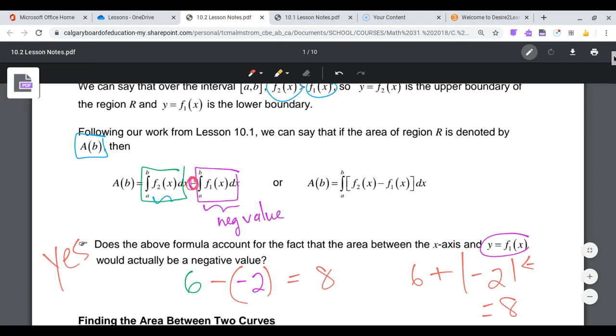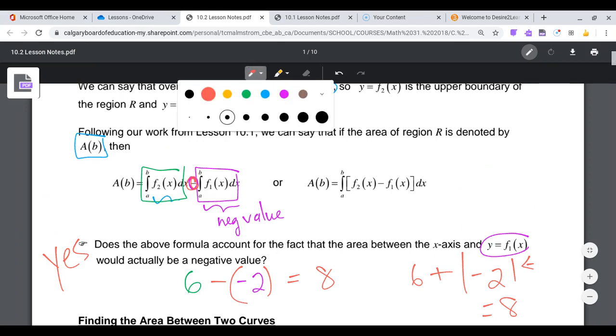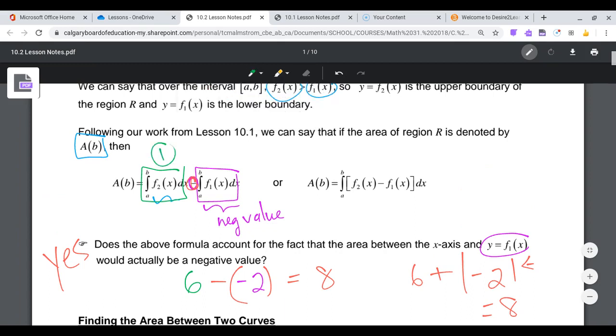That's taken care of. Okay, another way to think about this formula, we could take the integral of the upper region and the lower region, like split it into two pieces, or we could actually use our properties of integrals and subtract the two functions first.